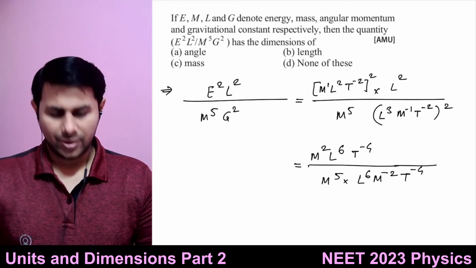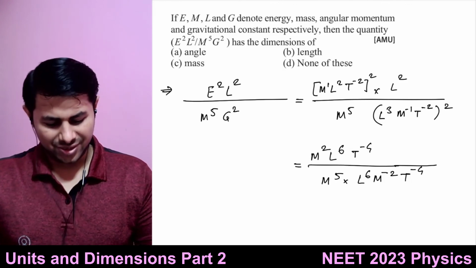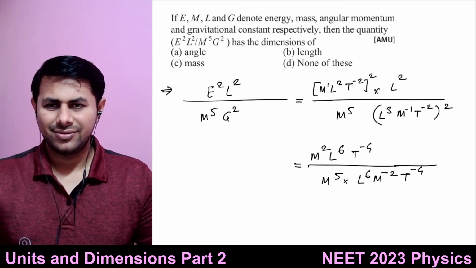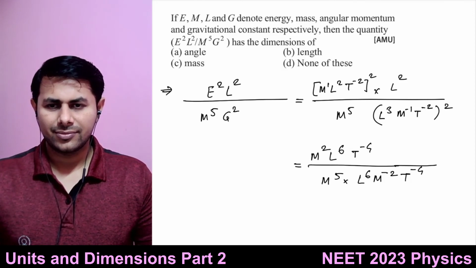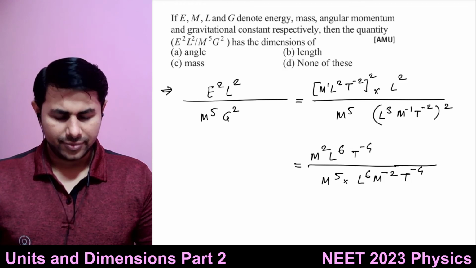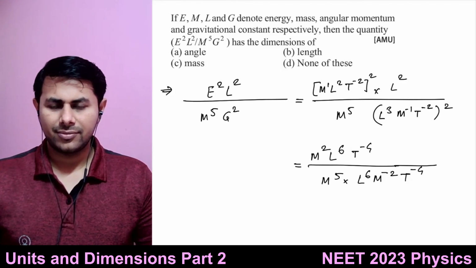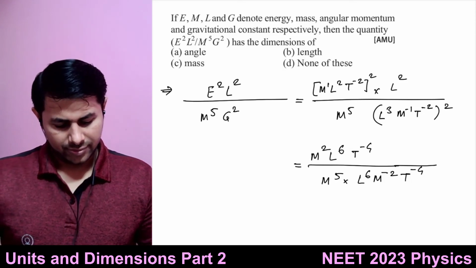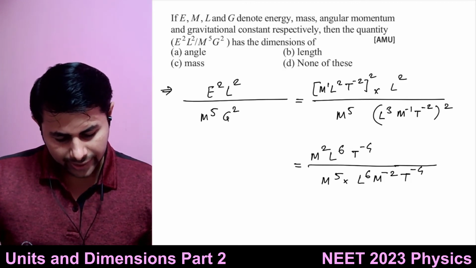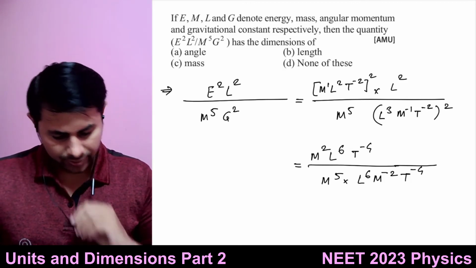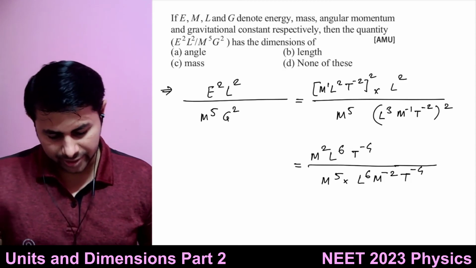Yes, sir. Okay, if my algebra is correct, none of these is the answer. Check it fast. Correct? Yes, no? Sir, but L means angular momentum, no? They told angular. Oh, I'm sorry. I made a mistake.